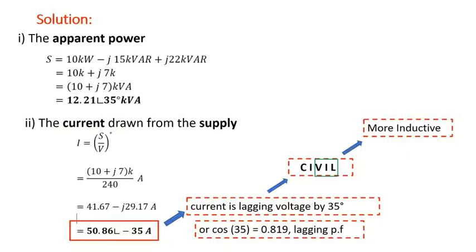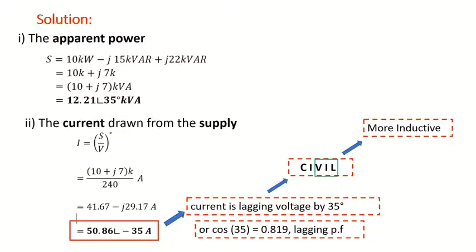Normally we put negative for the capacitive load. So the accumulation of the reactive load between the capacitive and the inductive gives plus j7 kilovar. So for S, we have 10k plus j7k.